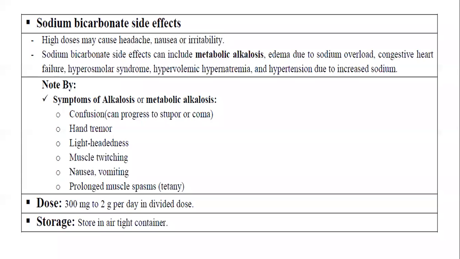All of this happens because it gets absorbed into your systemic circulation as sodium ion and bicarbonate ion, and it will increase the pH. Because there is more sodium ion, it leads to hypervolemic hypernatremia and also hypertension. Therefore, mainly due to its side effects, sodium bicarbonate is not used as an antacid anymore. But it is used for the other uses which we saw.